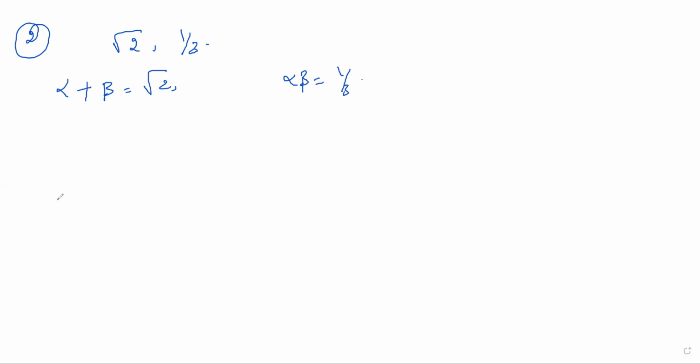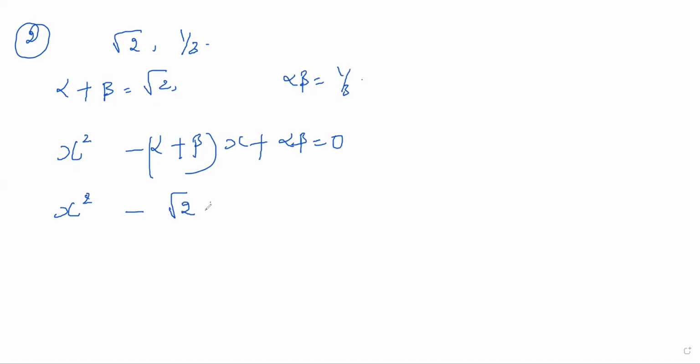The polynomial can be written as x square minus (alpha plus beta) into x plus alpha into beta is equal to 0. So write x square as it is, minus alpha plus beta, root 2 x, plus alpha into beta, 1 by 3, is equal to 0.